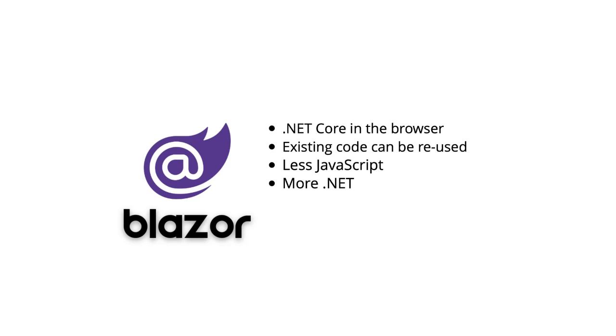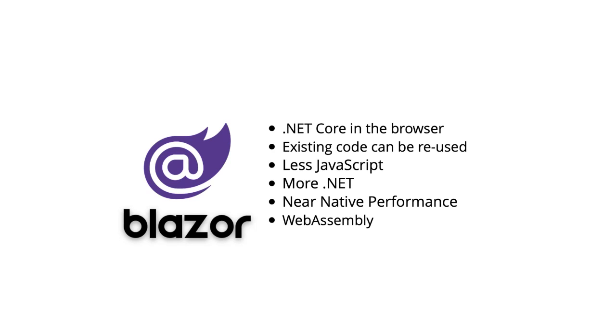And that means also that we can use less JavaScript and more .NET. Why less JavaScript? I will explain it a bit. And the very nice thing with Blazor is that we run in near native performance. It's optimized in the browser, and it's fully safe.